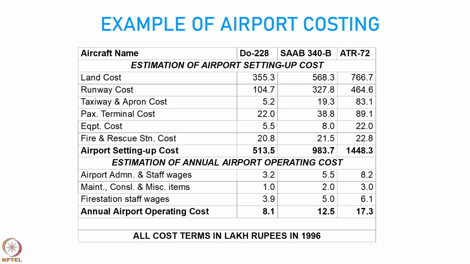The operating cost also will increase depending on the staffing, maintenance and the wages of the fire station, because the fire category also is increasing. So about 8 lakhs, 12 lakhs and 17 lakhs. Now these numbers may seem very small today, but remember the numbers that you are seeing was calculated in 1996.